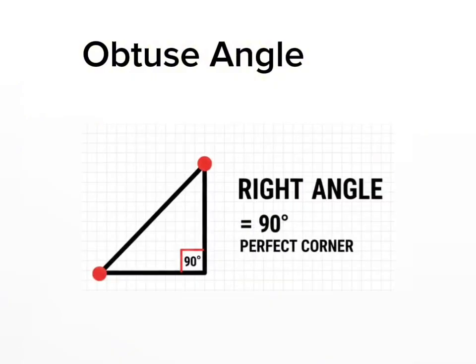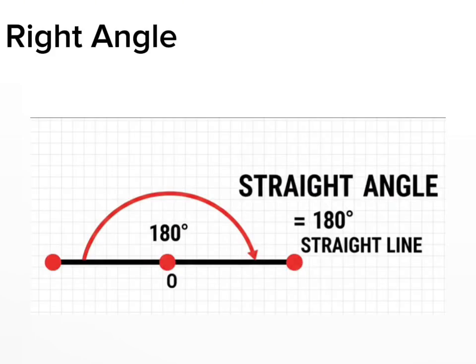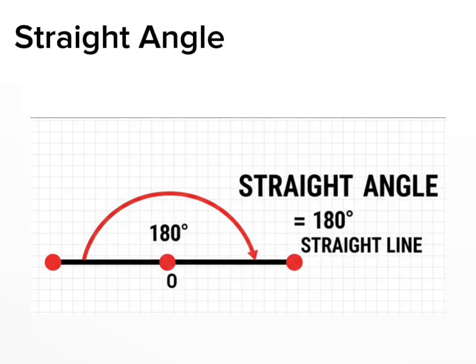Now the perfect right angle. It is a perfect corner, 90 degrees. So anywhere you see a very perfect corner, it's 90 degrees. Now, a straight angle. A straight angle is straight, like a straight line. It is 180 degrees.